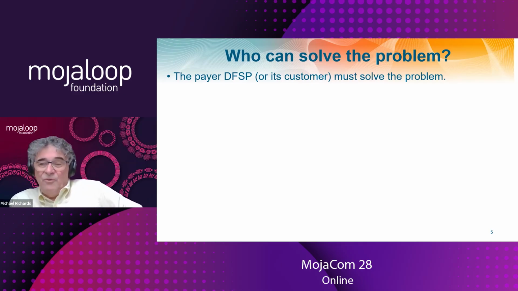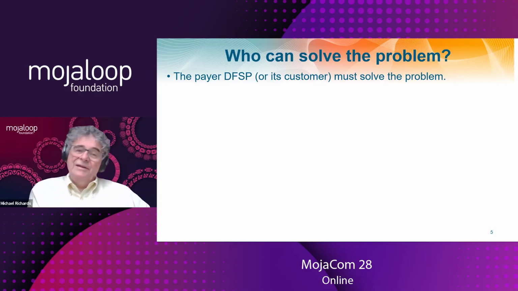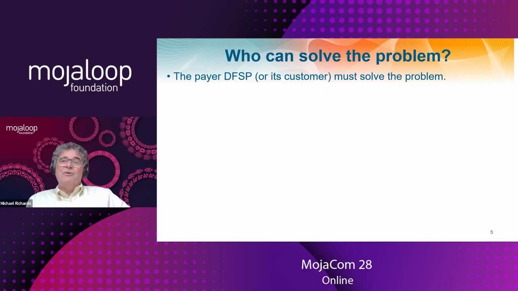Because we Mojaloop have historically said we don't have a direct connection with customers. We only connect with institutions, DFSPs, account holding institutions. We've drawn back from the idea of saying we ought to have something based on what the customer says about where to send something. The other problem with that is that only solves half the problem.